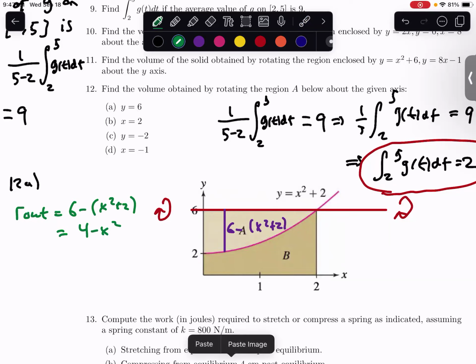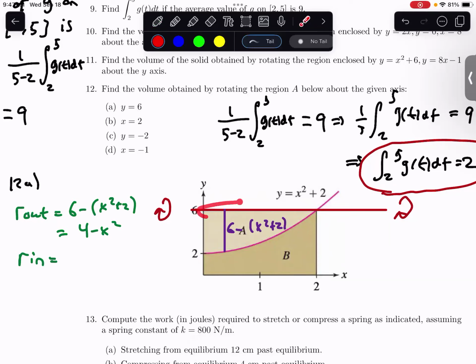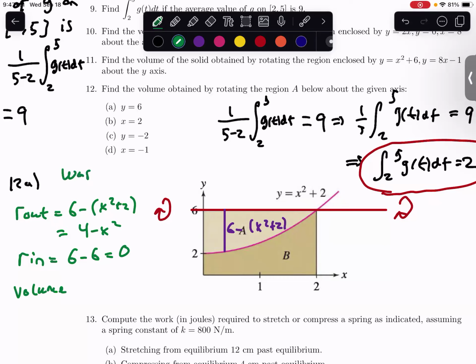What's weird about this is the inner radius. The upper bound of the pictured region is y is equal to 6, and it's also the axis of rotation. So the inner radius just ends up being 6 minus 6, which is equal to 0. So the volume, again, we're using the washer method because we're rotating about a horizontal axis and the cross section is perpendicular to the axis of rotation.